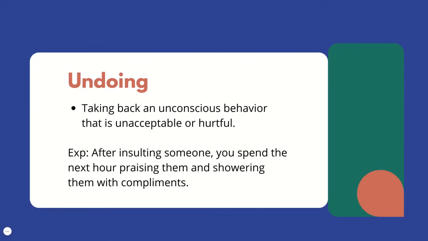So what I'm going to do is now I'm going to praise you with compliments. I want to take that back. So you're trying to undo the negative thing that you did because you knew that it was unacceptable or you knew it was hurtful. Undoing also is kind of like digging yourself out of the hole, right? Happens to everyone. You're trying to get out of it, so you're trying to undo that negative thing that you did.